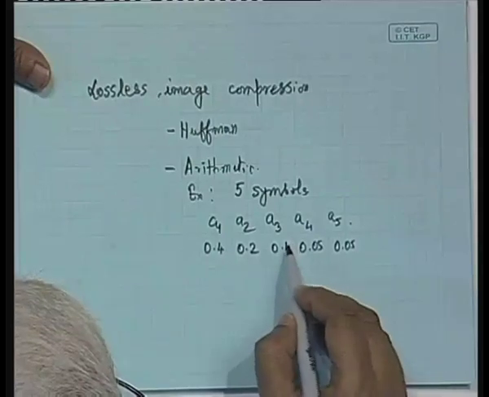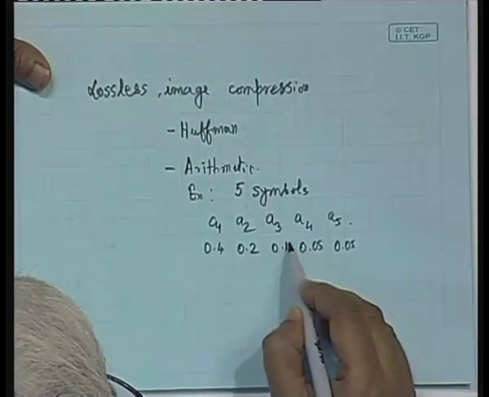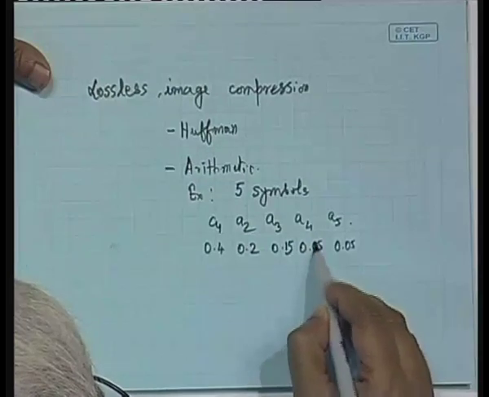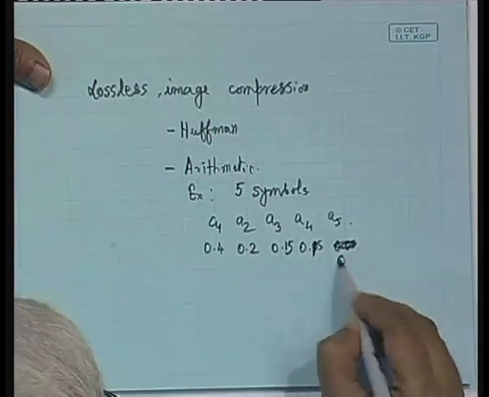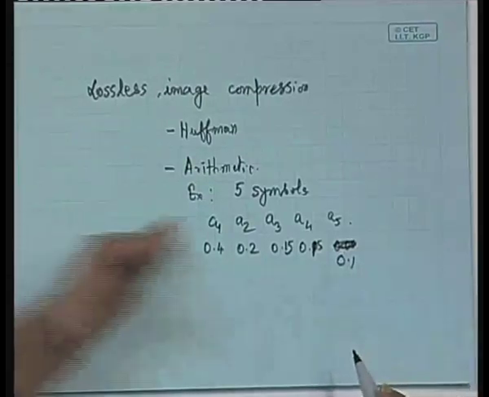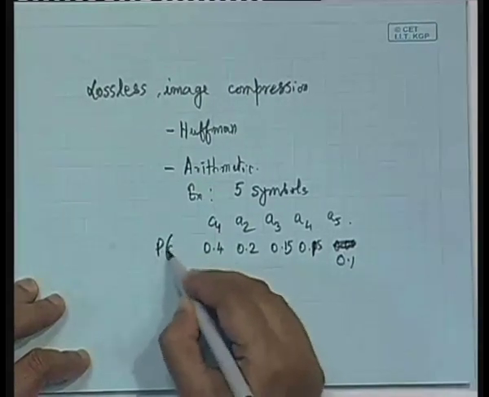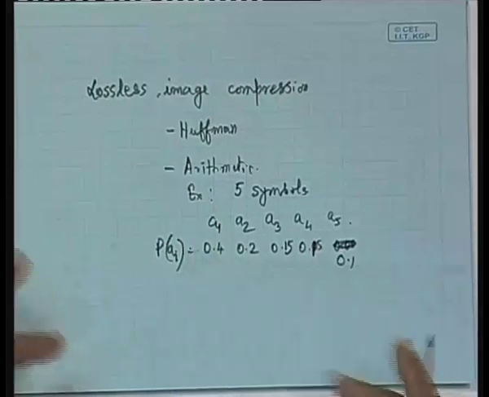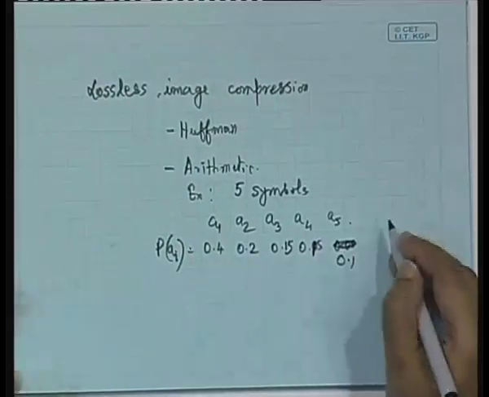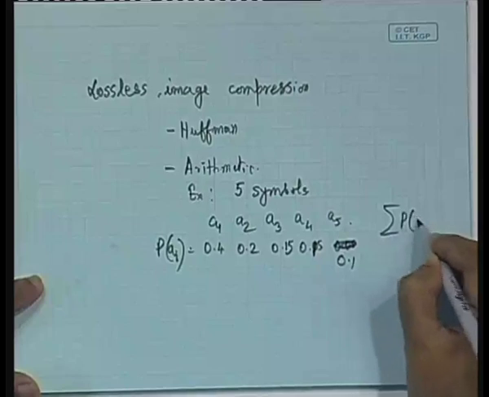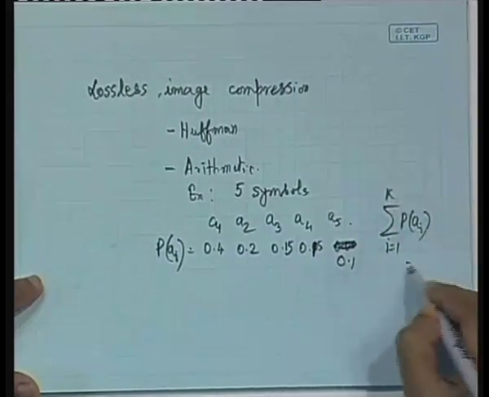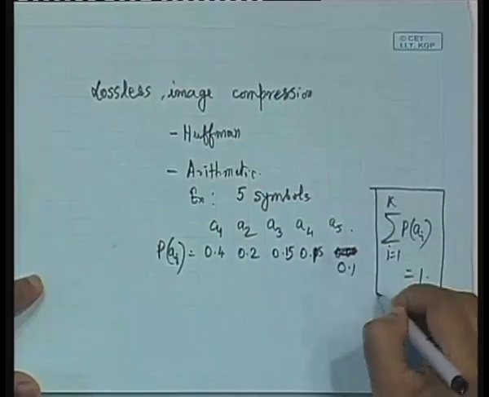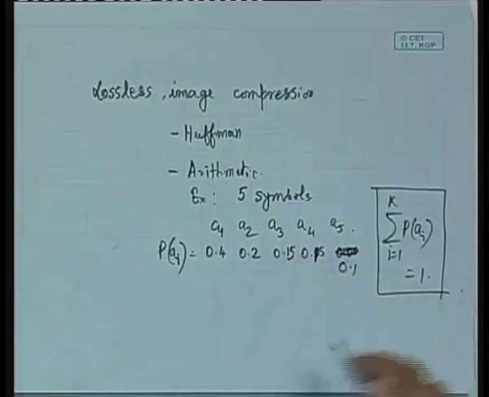No, we need 0.15, 0.15, so 0.3, 0.5, 0.9, and this has 0.1. So if these are the probability values, the sum total of the P of Ai values, i equal to 1 to k, must be equal to 1. So this is leading to 1.